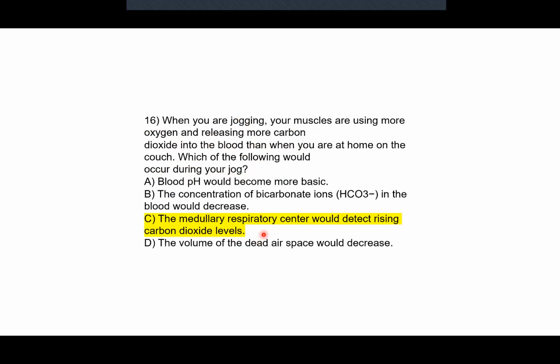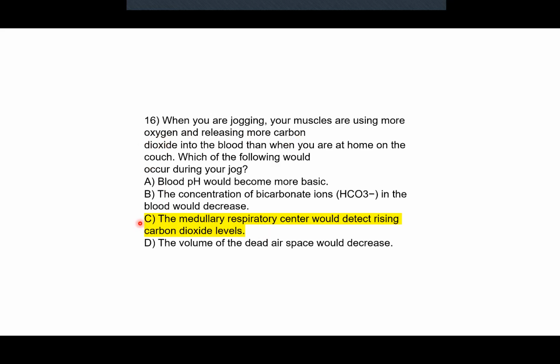Again, the medullary respiratory center senses the change in pH, which is caused by a change in the concentration of carbon dioxide in the blood, and that's caused by an increase in cellular respiration, which is needed if you're very active, because your muscles need more energy, so they need more oxygen, and therefore we're producing more waste products, more carbon dioxide.